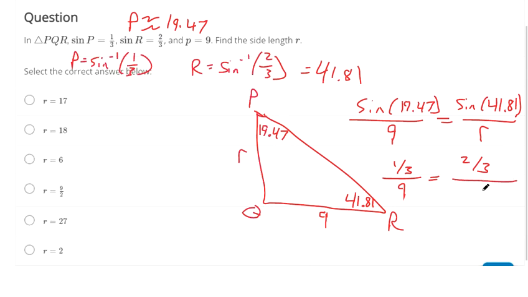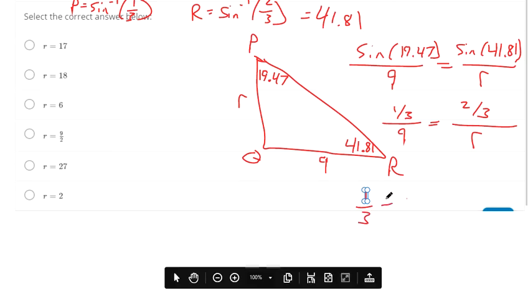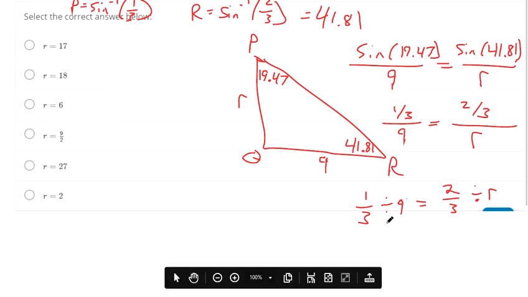So if we try to solve this equation, this is 1 over 3 divided by 9, and this is 2 over 3 divided by r. If you divide by 9, that's the same thing as multiplying by 1 over 9.